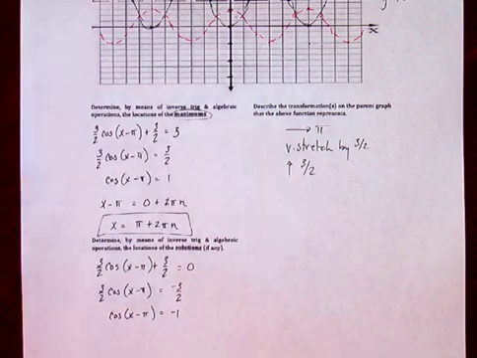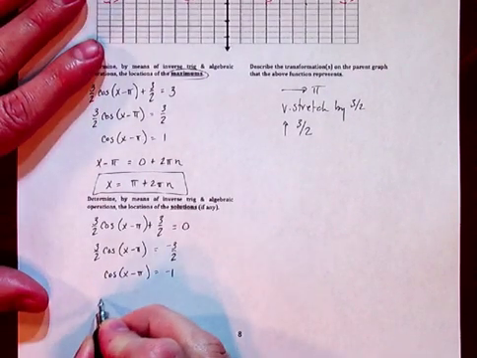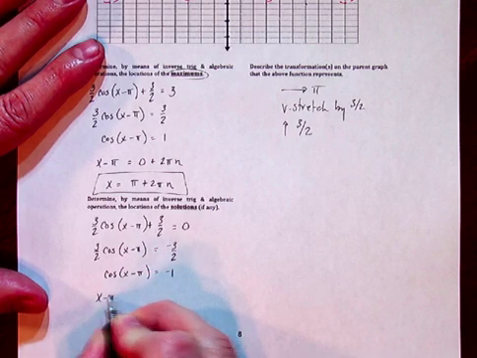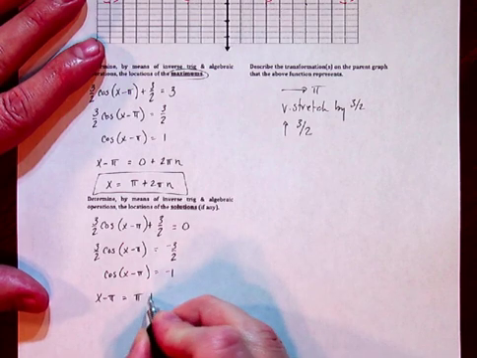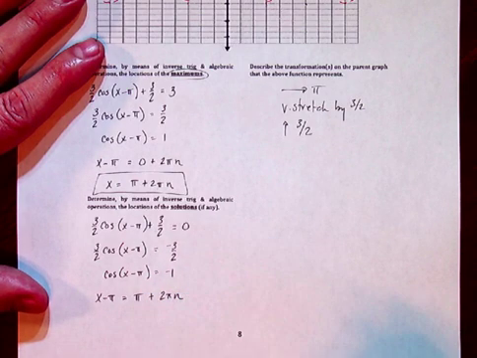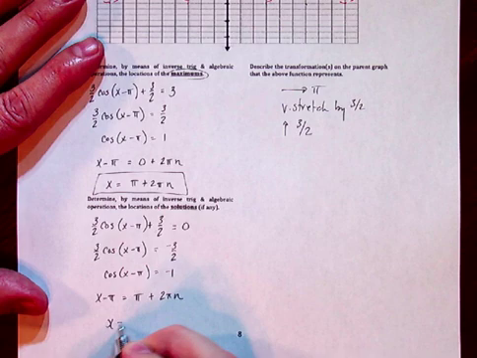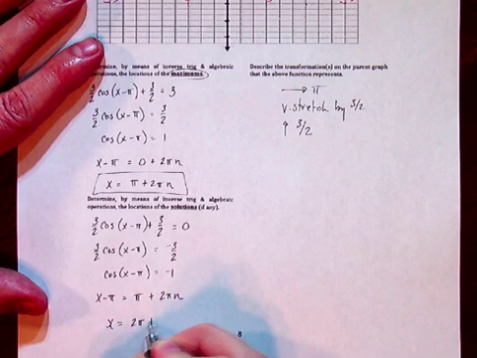And now I'm asking, when is cosine equal to -1? Well, cosine is equal to -1 when the angle measurement expression is pi. But not just pi, every coterminal after that. And so x is equal to 2 pi plus 2 pi n.